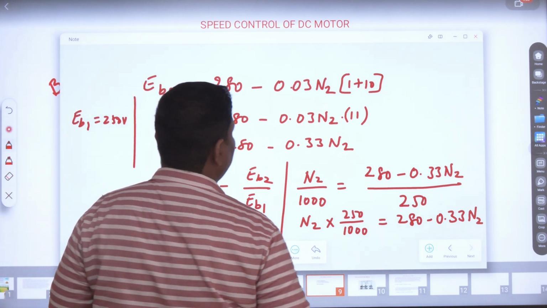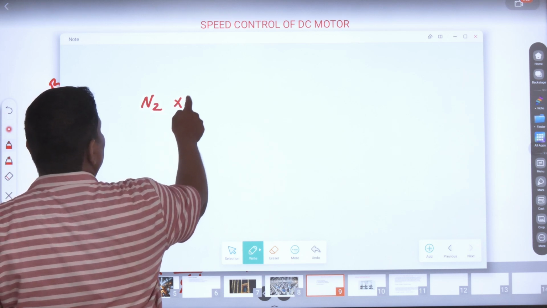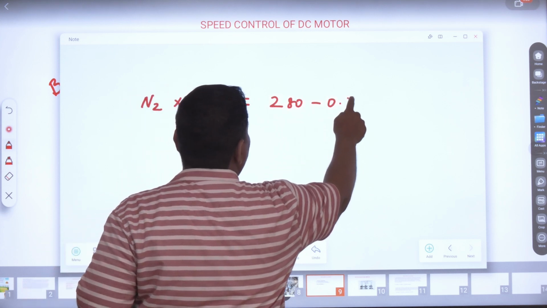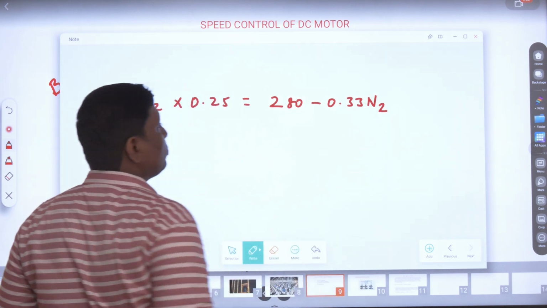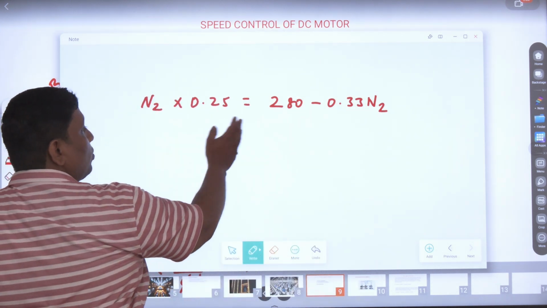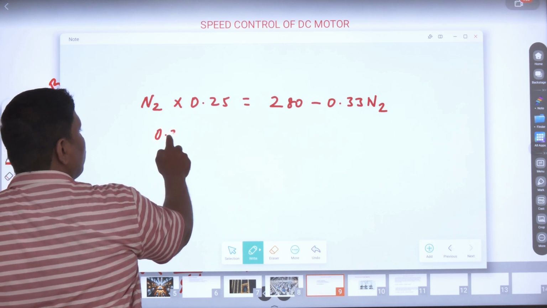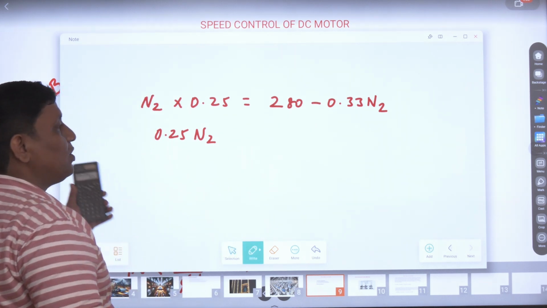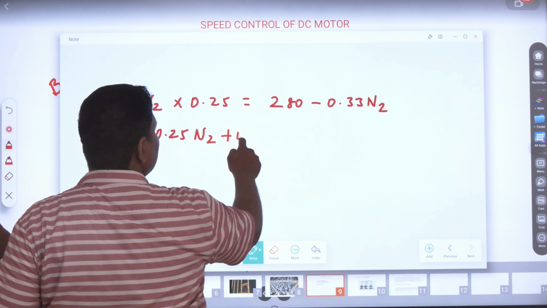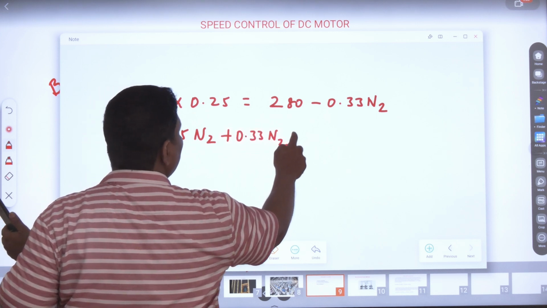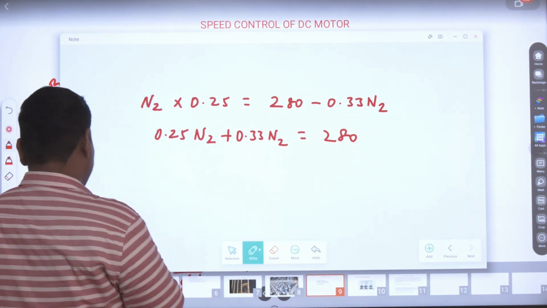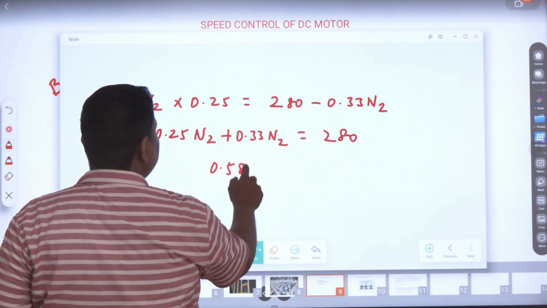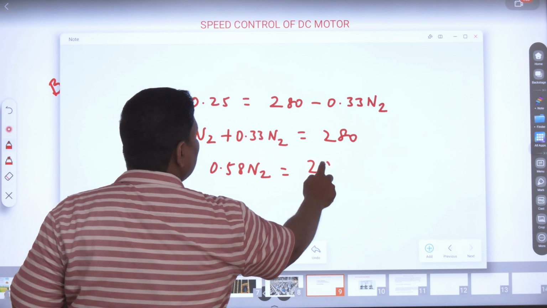So this is 0.25. N2 into 0.25 is equal to 280 minus 0.33 N2. Now this is 0.25 N2. Shift the 0.33 N2 to the left hand side: 0.25 N2 plus 0.33 N2 is equal to 280. So this is 0.58 N2 equals 280.